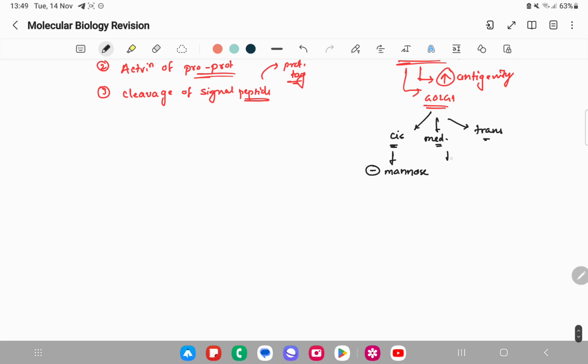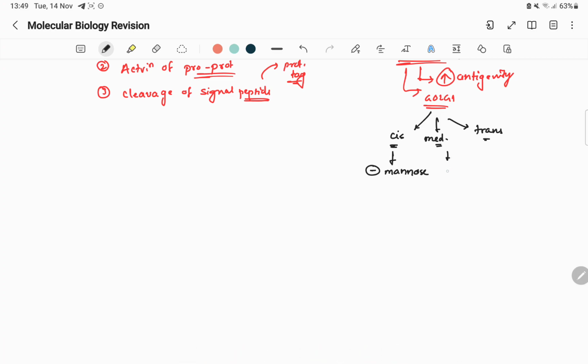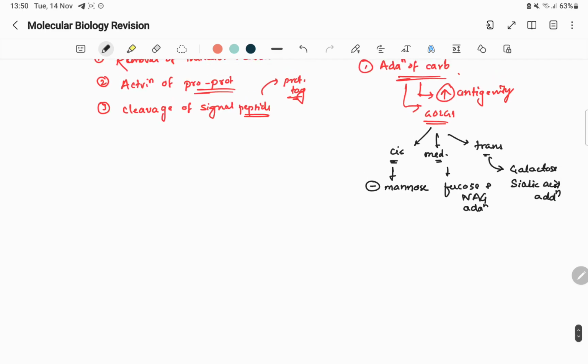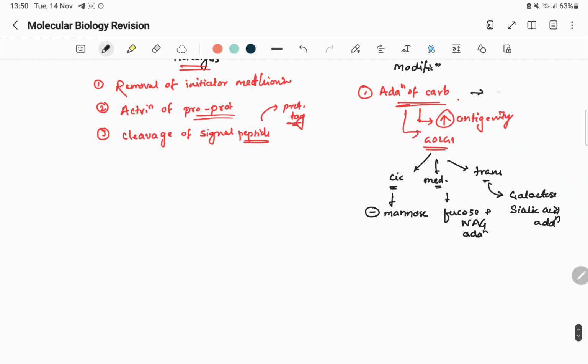The medial side adds fucose and N-acetyl glucosamine, and the trans side adds galactose and sialic acid. This addition of carbohydrate is also responsible for cell to cell recognition.